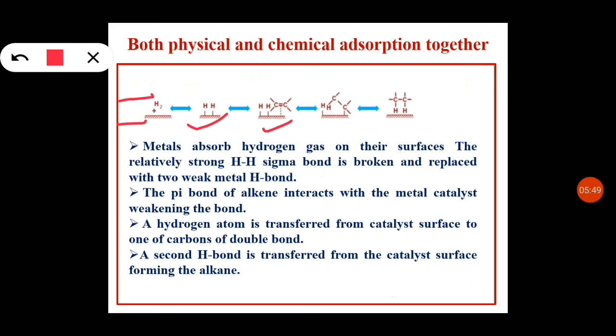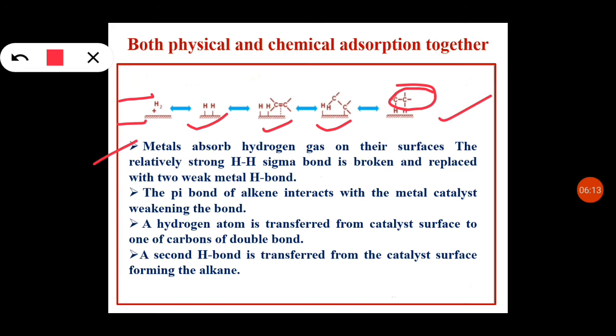Then a reaction takes place between these two adsorbed substances, and the product then gets desorbed from the surface. So this is how chemical adsorption occurs. This is how a catalyst catalyzes a reaction by adsorption. So this is explained here.